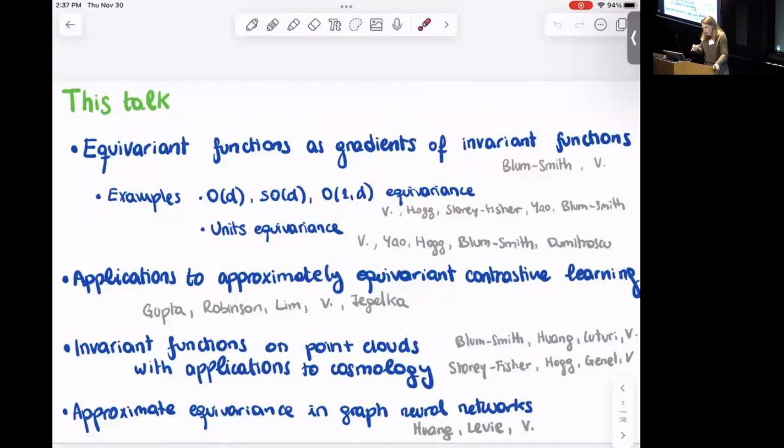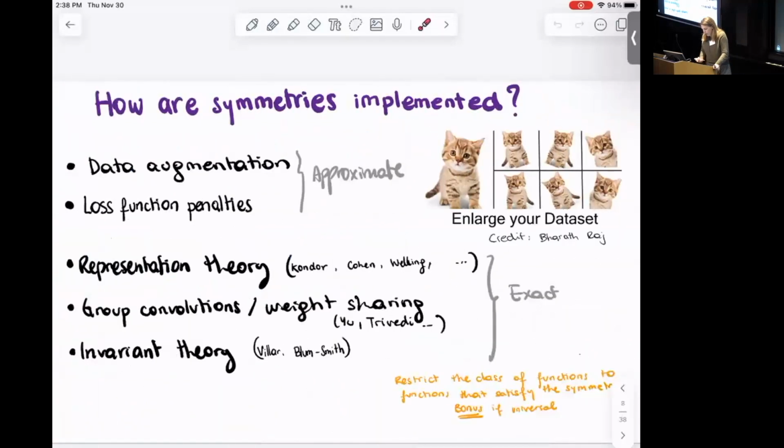How do you implement certain equivariant functions with respect to classical groups that show up in physics problems, like rotations or orthogonal transformations or Lorentz transformations, and also how to use these ideas to get applications to contrastive learning. And then an example of an application of invariant functions on point clouds in cosmology. And maybe I'll discuss more about graph neural networks in the end.